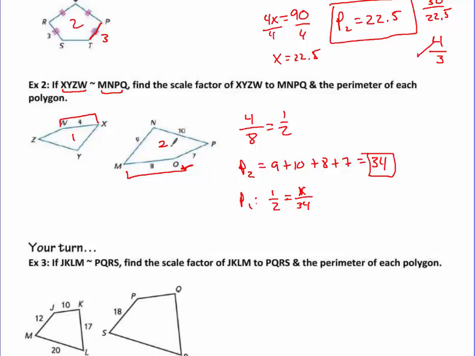Remember, 2 is our bigger one, and 34 is the perimeter of our bigger one. So if 2 is on the bottom, 34 is on the bottom. Cross multiply, 2x equals 34, divided by 2, x equals 17. So the perimeter of the first one equals 17.